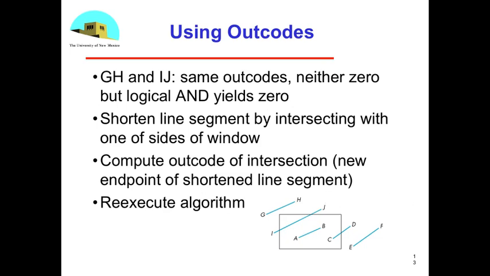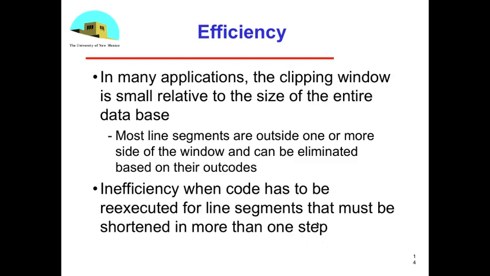Think of this giant database with lots and lots of little line segments in it. Most of them are going to be to the right, to the left, above, below, and only a few of them are going to be these difficult cases like GH and IJ, or even AB or CD. So the point is that you're going to have to do very few actual floating point computations, because so many of the line segments can be discarded very quickly just based on looking at the outcodes and doing some simple bit operations. And that's really where the efficiency of the Cohen-Sutherland algorithm comes in.